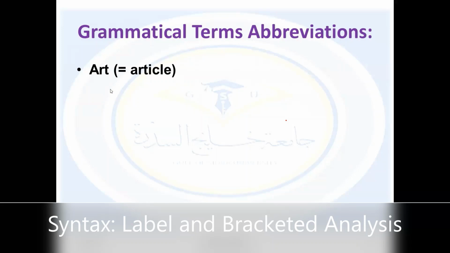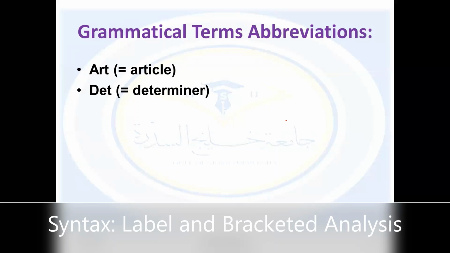First we'll find ART or art for article, and det or DET for determiner. Just to remind you, articles include definite and indefinite articles: a as indefinite and the as definite article.